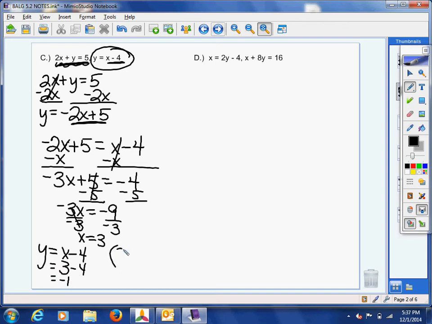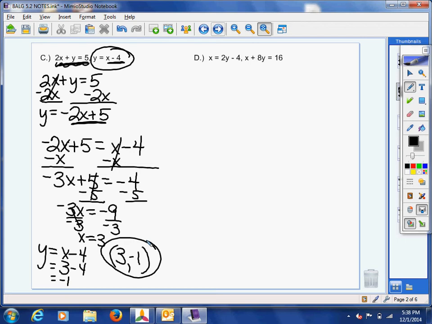So my point of intersection, x is 3, y is negative 1, and there's my point of intersection, 3, negative 1. So far, is this seeming pretty easy? I really do like it when they are already solved for either x or the y. When I have to do rearranging, I don't like this particular method, but I'm showing you how to do it in case you do happen to latch onto it.